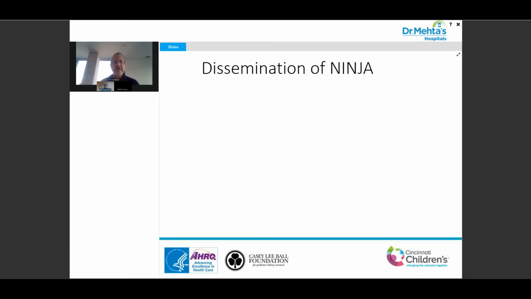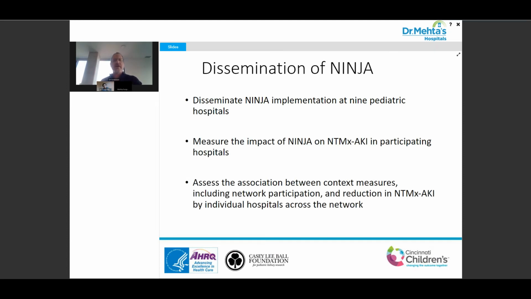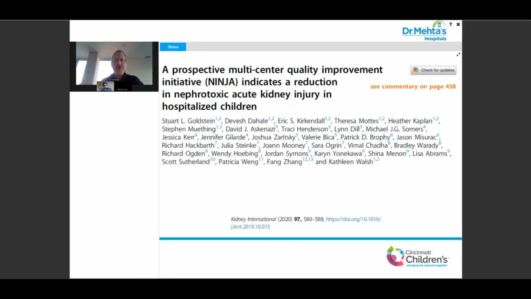We then looked at NINJA at a number of different hospitals because we have many resources that other hospitals may not. Other hospitals may have resources we didn't have. And so over a 2-year period, we looked at the implementation of NINJA at 9 US hospitals, recently published this year.